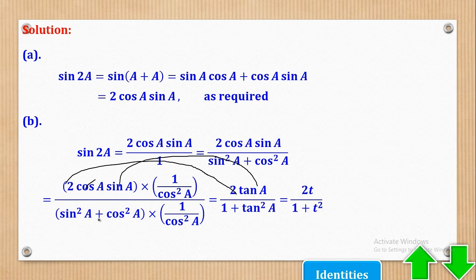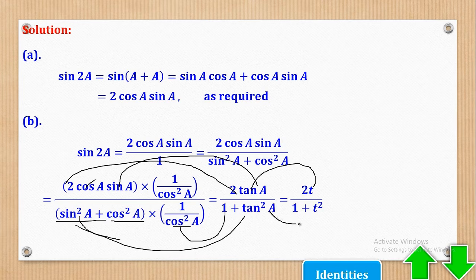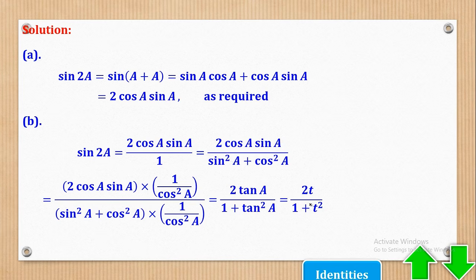Then for the denominator, sine squared A over cos squared A gives you tan squared A, and cos squared A over cos squared A gives you 1. But remember, t is equal to tan A, so where there is tan A, we are going to put t. So basically that is what they wanted in part B.